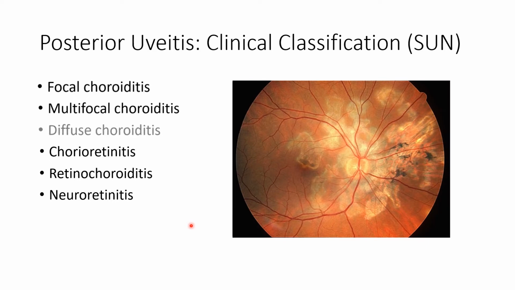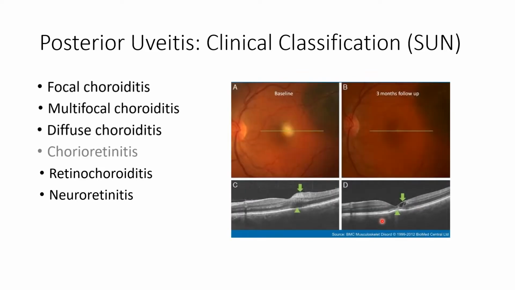Then you can have diffuse choroiditis. Here we can see the difference, that there are areas of choroiditis which are affecting a larger area of choroid, but they are touching each other. So there is a contiguous spread of inflammation because of the primary disease which is affecting the choroid.